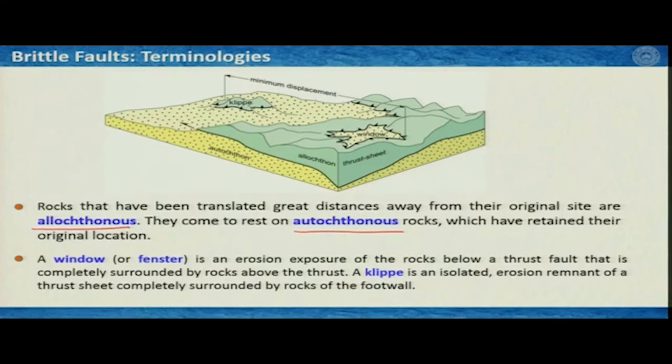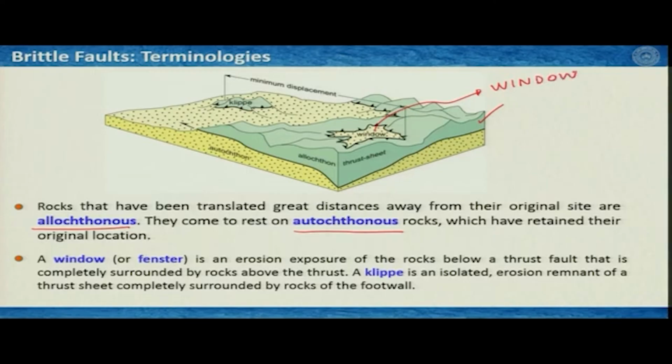So, imagine that one of the fault blocks traveled a lot and is staying somewhere as an allochthon, for example, this bluish material here, and now this can get eroded and expose the autochthon rock in between. If that happens, then this is known as a window.